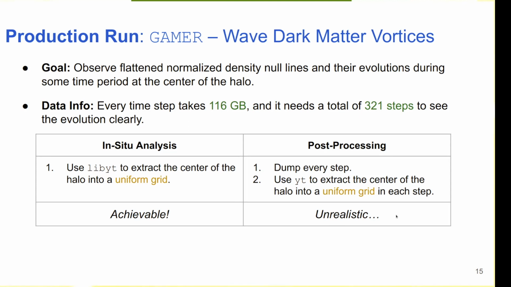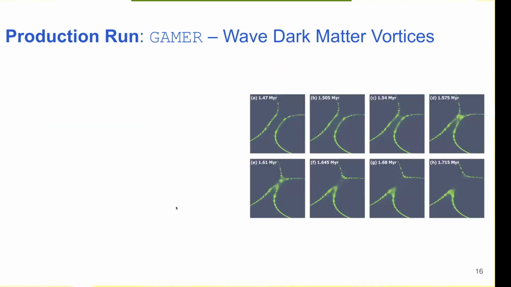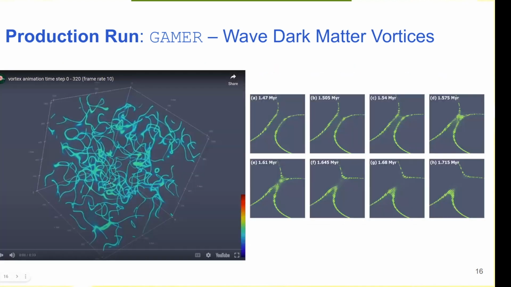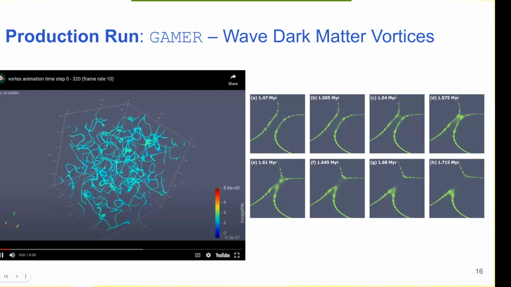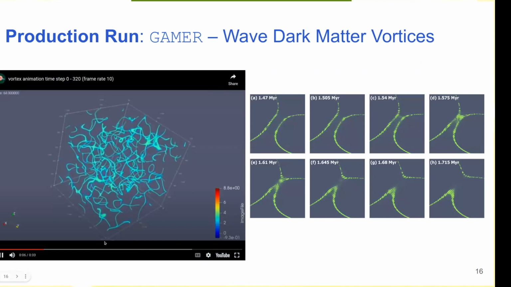If we use post-processing, this is unrealistic. So we use the libyt tool to extract our target region into uniform grids, and then use other tools to compute the density field to density neural lines, and then visualize in ParaView.